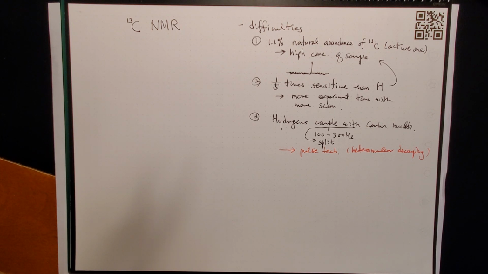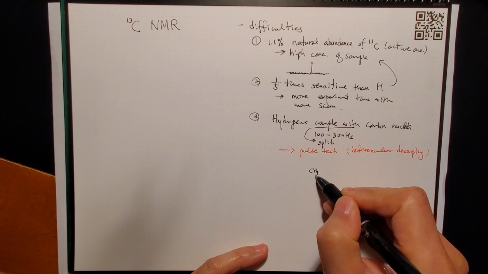And thank God, you have a low probability of finding carbon-13 on the chain. With a small molecule, you usually have only one carbon-13 in a molecule, so there wouldn't be any coupling between carbon-13s.